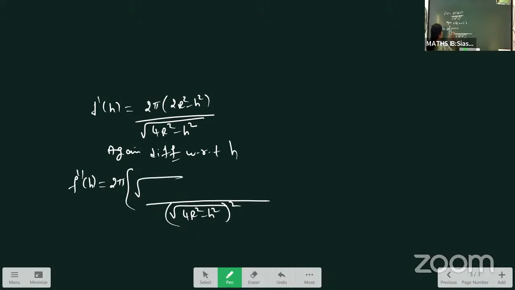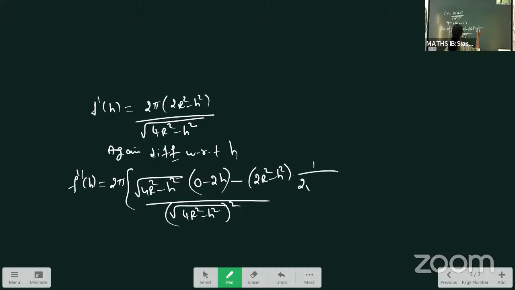V into under root of 4r square minus h square into d by dx of numerator. 2r square derivative 0, h square derivative minus 2h. Minus numerator 2r square minus h square as it is, d by dx of root x is 1 by 2 root of 4r square minus h square into minus 2h.